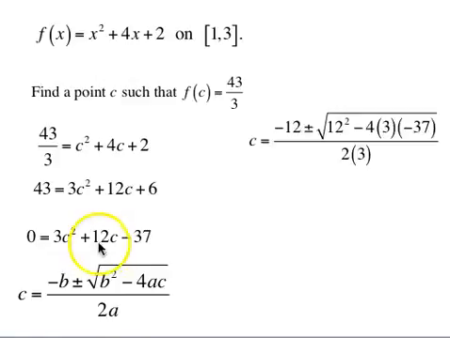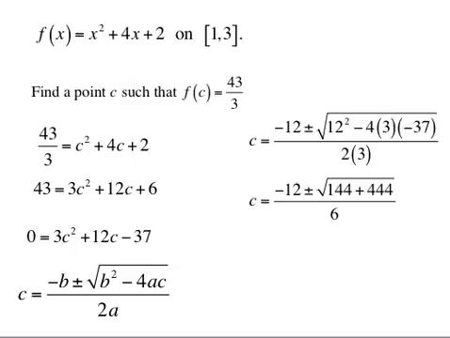So negative b, negative 12, plus or minus the square root of 12 squared minus 4 times a, 3, times c, negative 37, all over 2a, 2 times 3. Negative 12 plus or minus the square root of 144 plus 444 over 6. We get c as negative 12 plus or minus root 588 over 6.